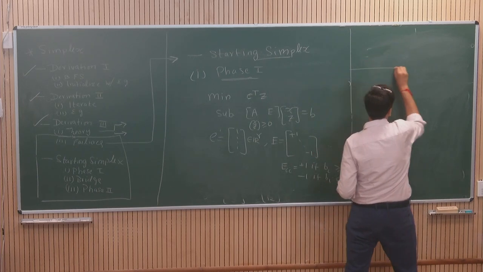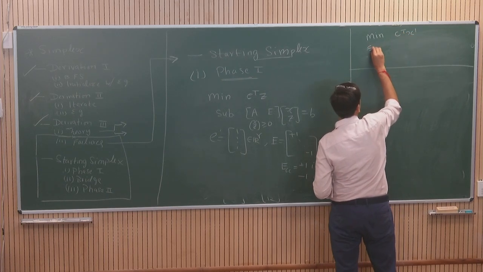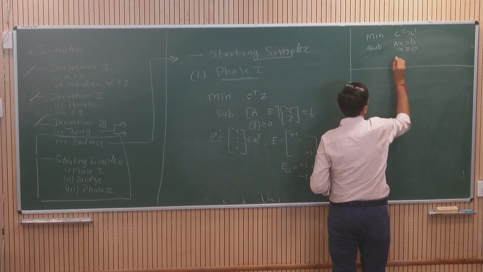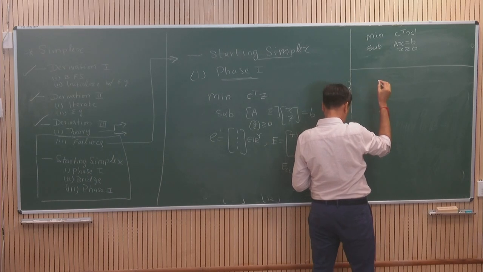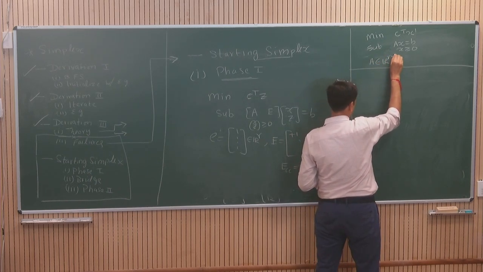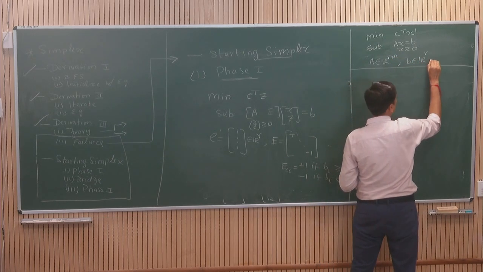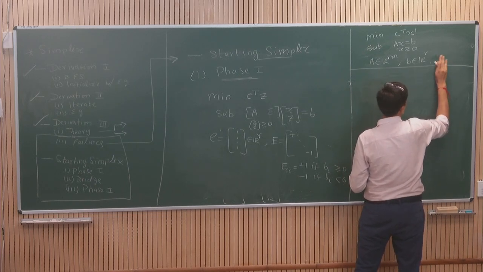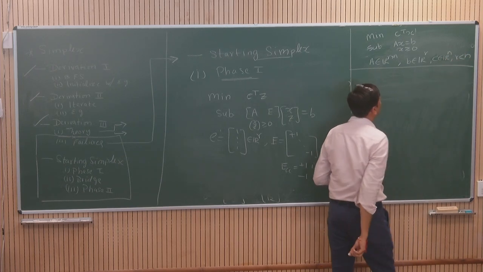If you want to come back to this, the original LP is minimize c transpose x subject to Ax equal to b, x greater than or equal to 0, where A is R cross N, b is R, c is N, R is less than N, and row rank is okay.